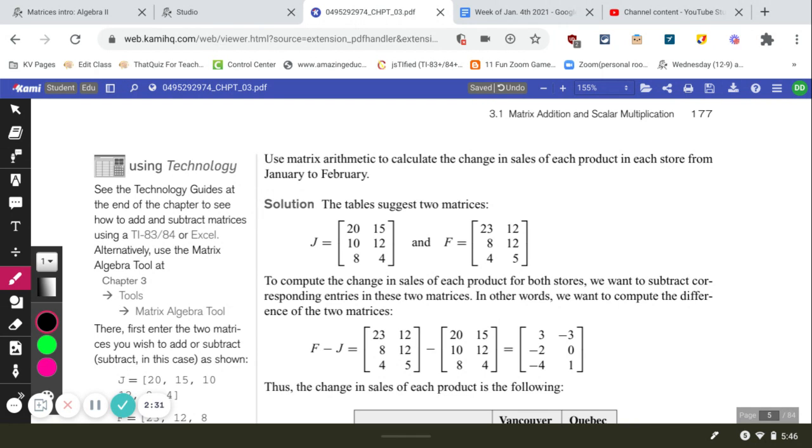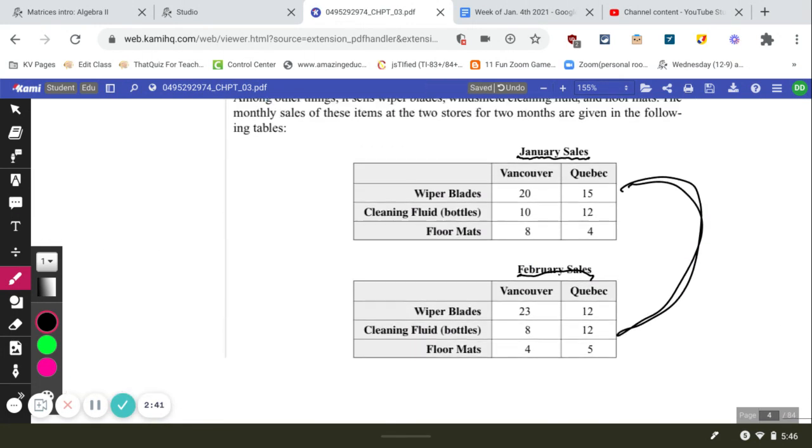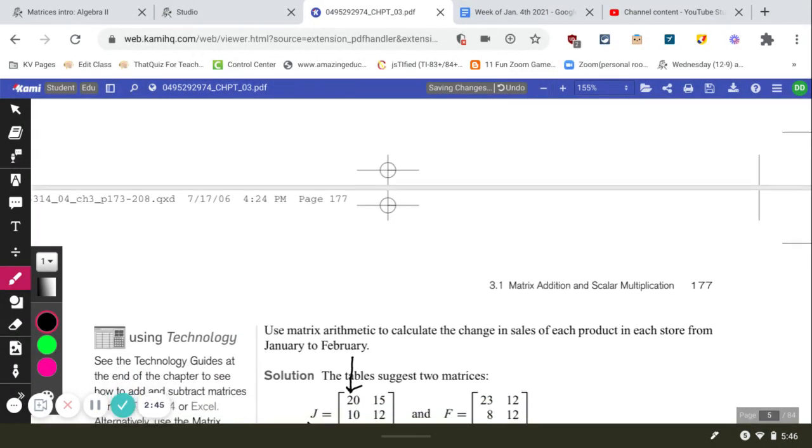So this first column here still represents Vancouver sales for the month of January, 20 and 8.